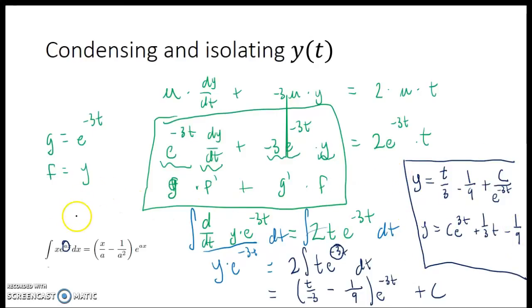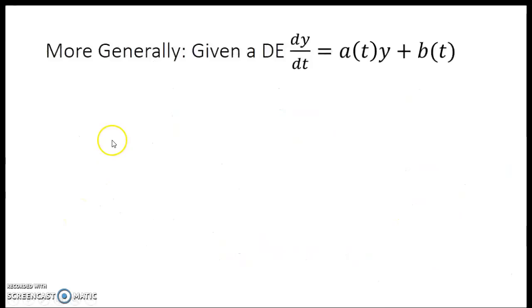So let's look at a more general version of this now. What if a of t and b of t are just some general functions? Well, the way I'll proceed is much in the same way. I will move over the a of t y term, and I'm just going to leave a of t and b of t alone.